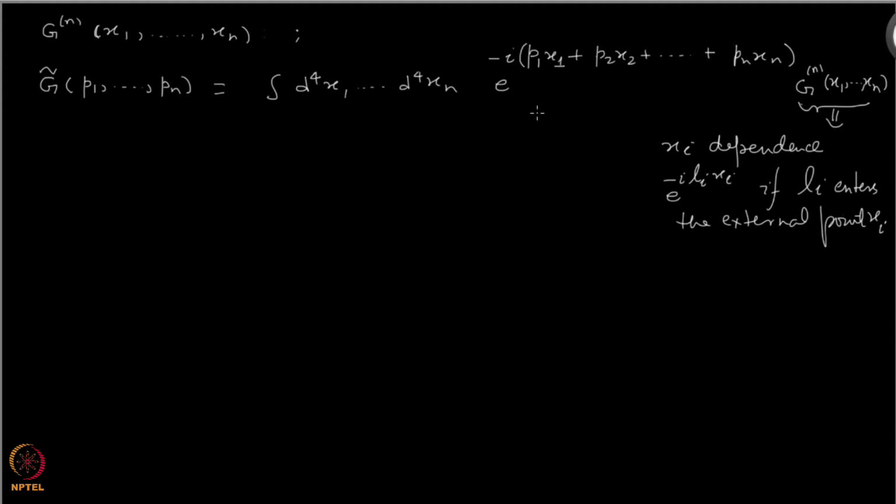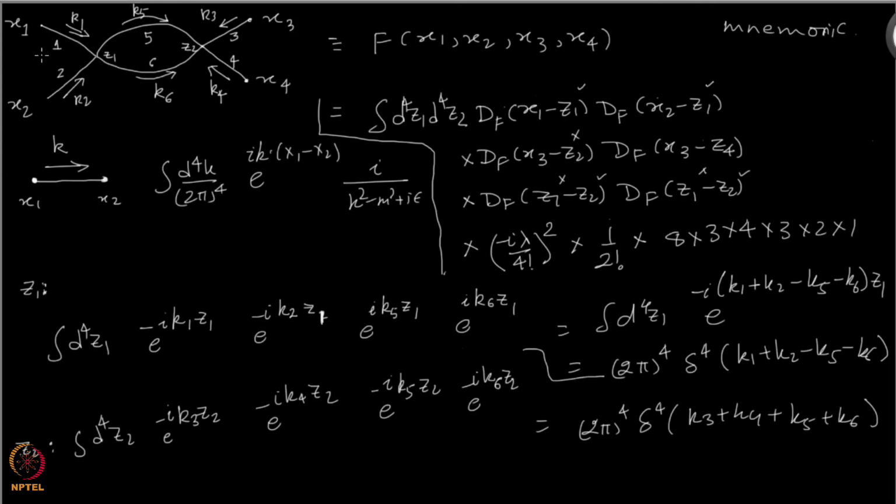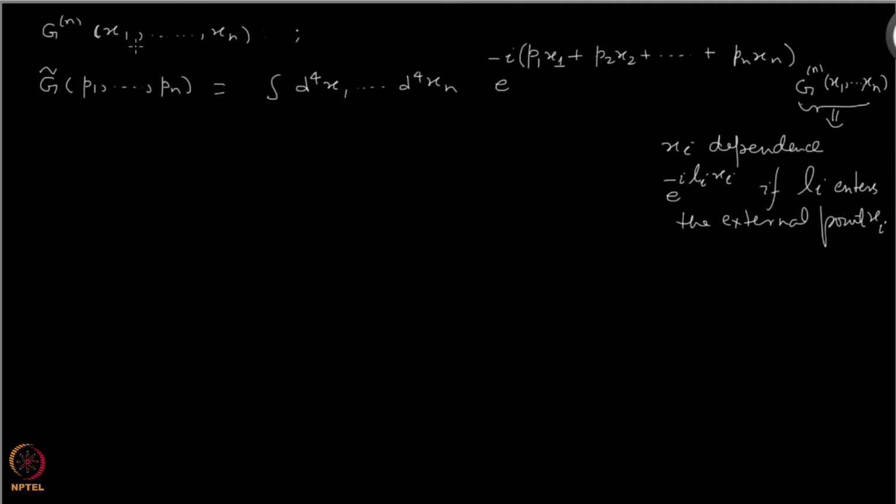It will be better to have an explicit example where I can show these calculations rather than talking in general. So, let us go back to our same diagram which we have been looking at so far, this diagram, and look at it in the Fourier space.